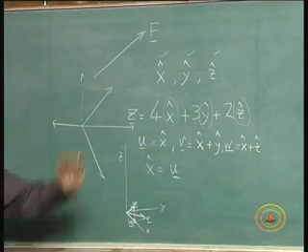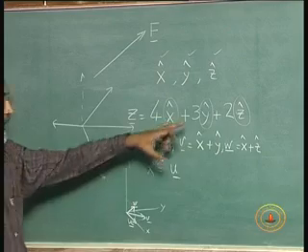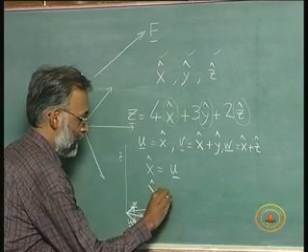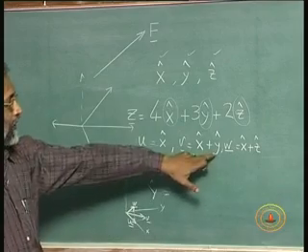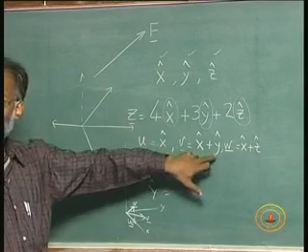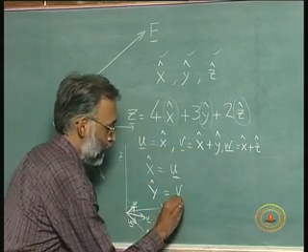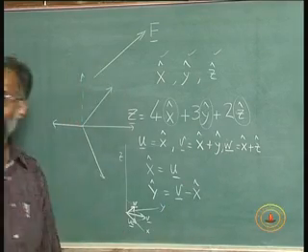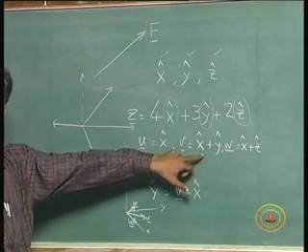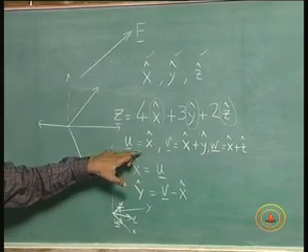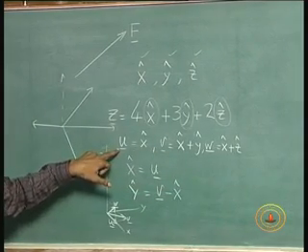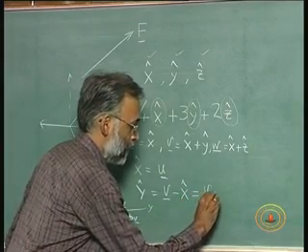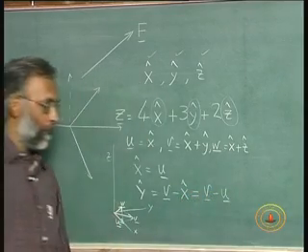I have got it there. But what about y hat? Y hat, well, y hat appears only in v. It is equal to v minus x hat from this equation. But x hat itself is u. I have already got that equation there. So, it is equal to v minus u.